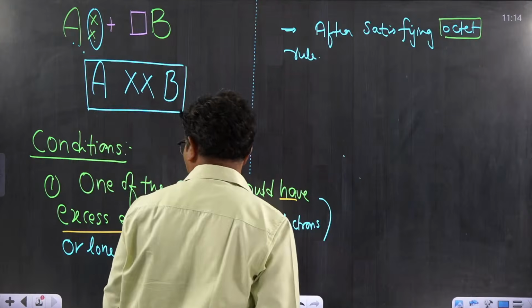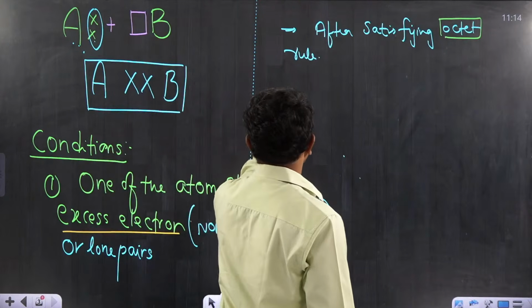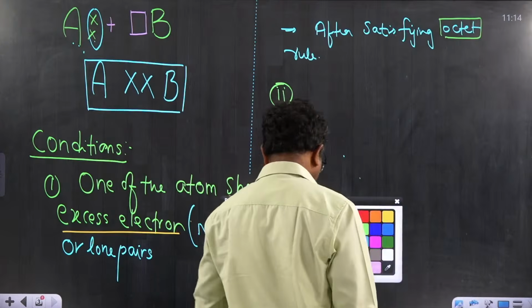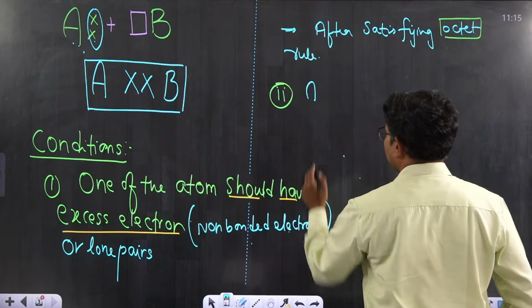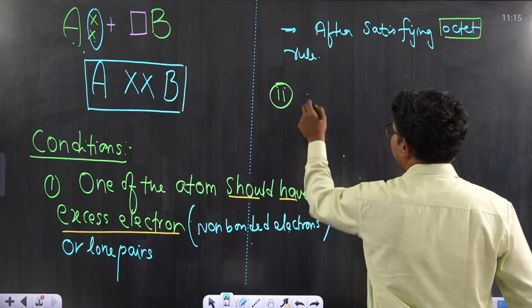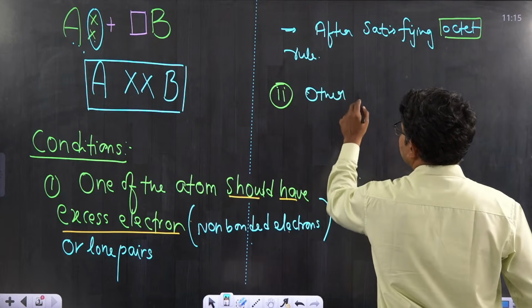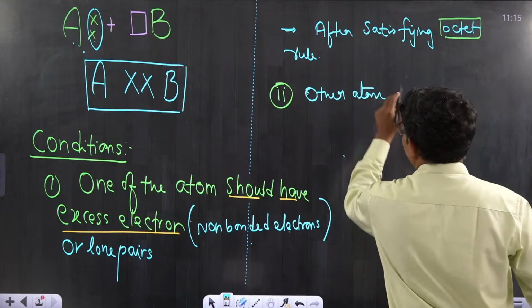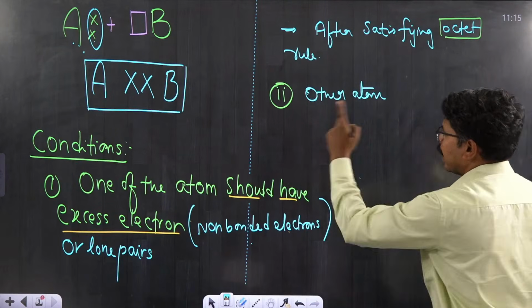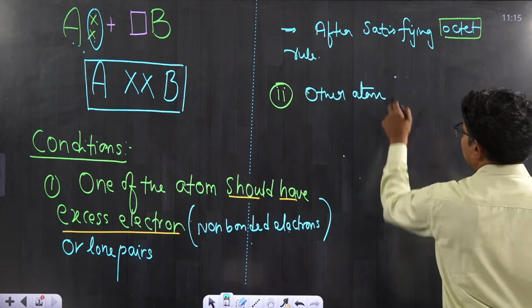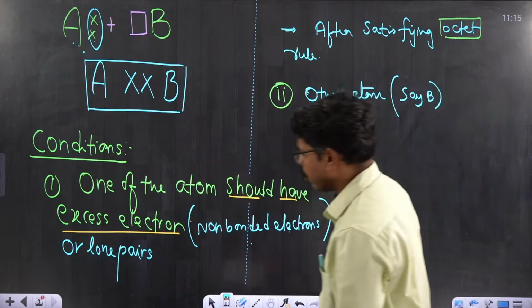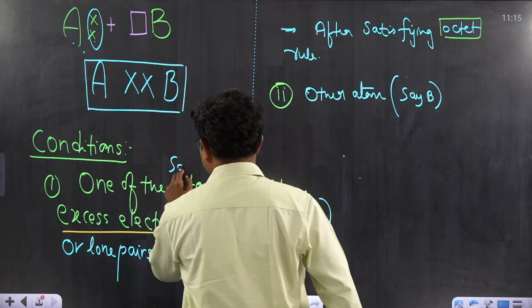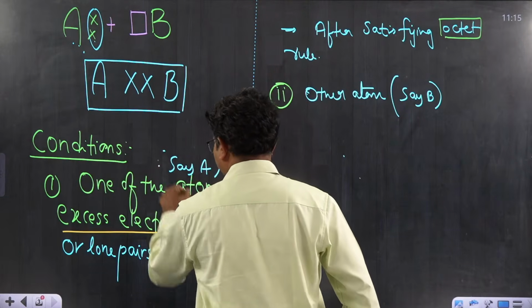What about the second condition? As I told, the other atom, it means the second atom, say B in the context which I explained. So for condition number 1, one of the atoms has excess electrons.